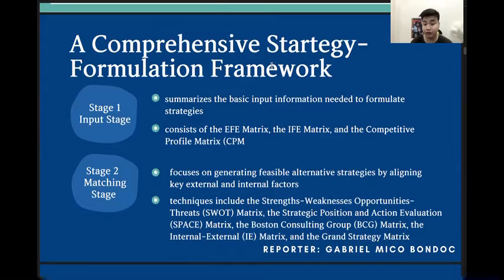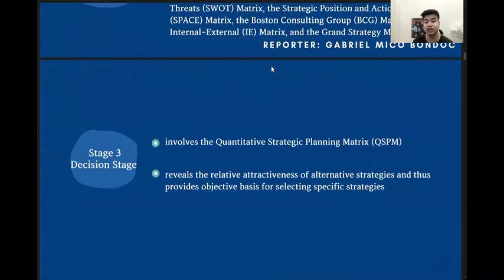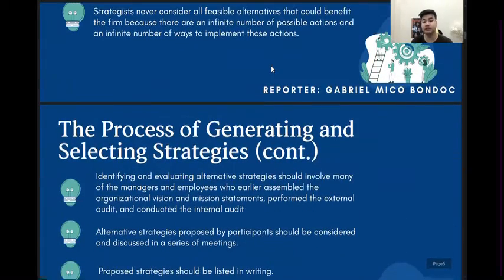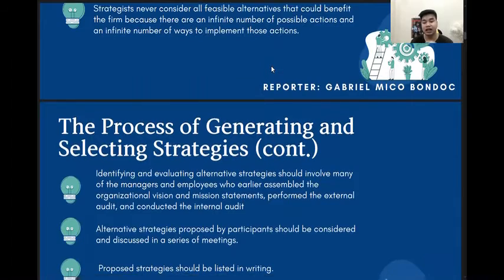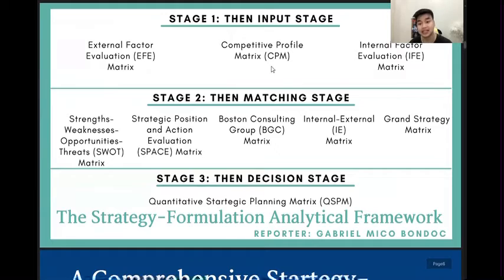Now, this includes the following matrices: the SWOT, SPACE, BCG, IE, and the Grand strategy. And last but not the least, of course, is the decision stage, which reveals the relative attractiveness of alternative strategies and thus provides an objective basis for selecting specific strategies, which involves QSPM. As you can see, the process of generating and selecting strategies was summarized into three stages, which are the input, matching, and decision stages.